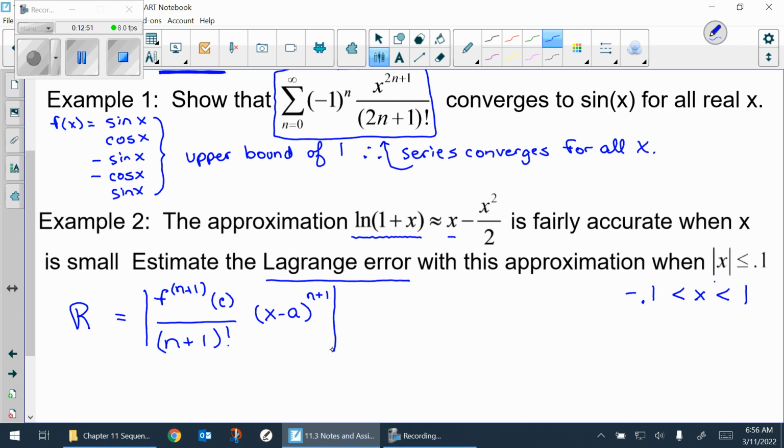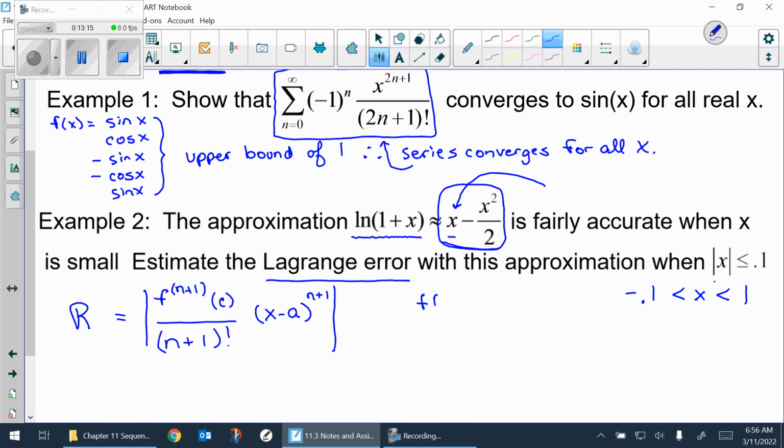Now, what was n? In this term right here, what derivatives were used to write these terms of the polynomial function? Well, I must have used the first derivative because I've got the x term. Remember how we write these.